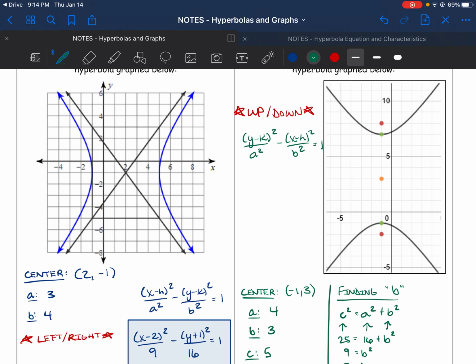Plugging in our pieces, k is 3, so this will be y minus 3 squared over a squared, which would be 16, so y minus 3 squared over 16 minus x plus 1 squared over 9 equals 1.